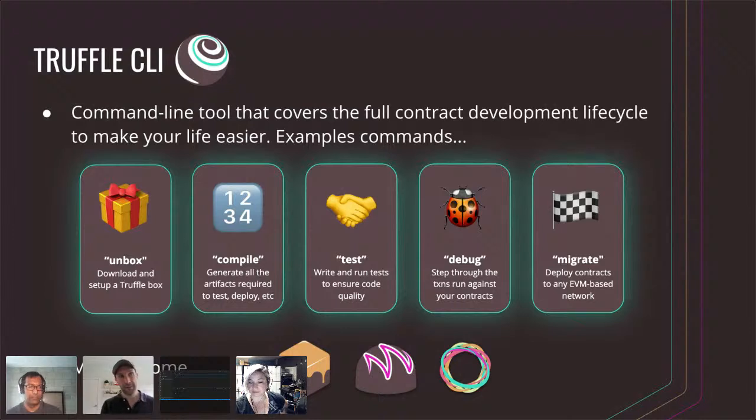It's a command line tool that really focuses on the contract development lifecycle. Other tools, as we'll see, focus on different parts of that lifecycle. But Truffle itself, just to disambiguate, it is a bit confusing sometimes, because we're called Truffle Suite, and within the suite there's something called Truffle, but there's other things. So it's not just Truffle, FYI. We called out a few commands here that we're going to be looking at momentarily.